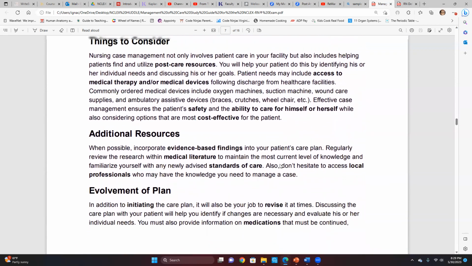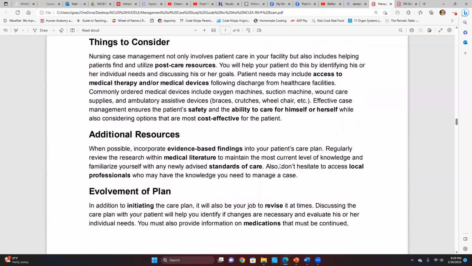When we have a patient that is being discharged, we know that discharge teaching takes place upon admission. It starts. And when we are sending a patient home, maybe they're going to assisted living, maybe a long-term care, we want to make sure that the patient has all of their devices, if it's oxygen, if it's crutches, or whatever assistive devices they're supposed to have.